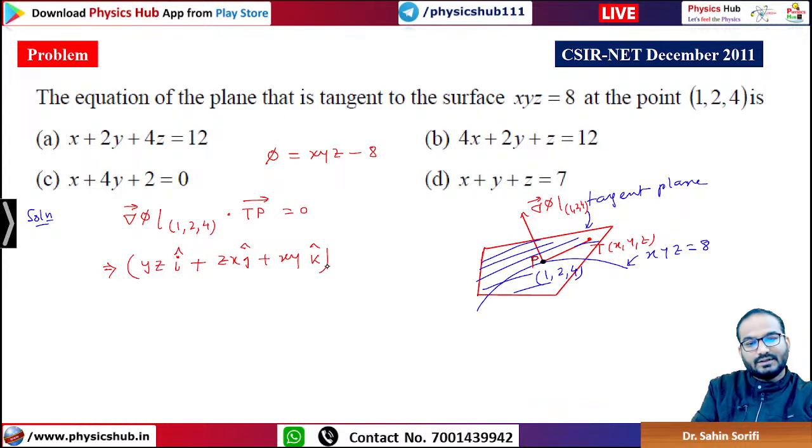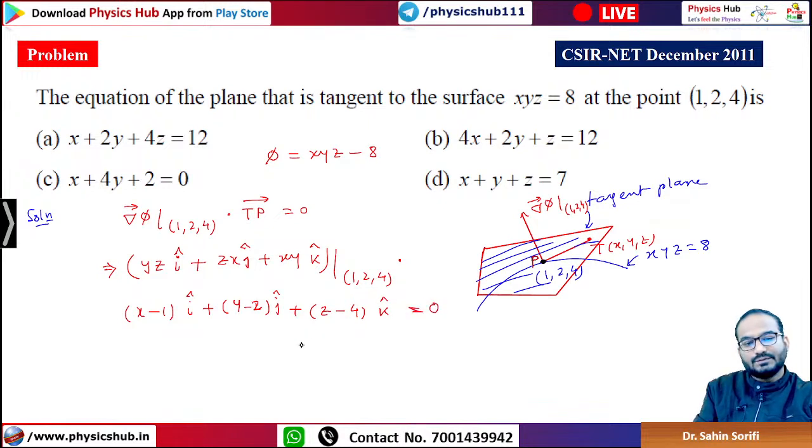This is evaluated at 1, 2, 4 dot TP. TP, as I told you, you have to take the difference in the coordinates. So (x minus 1) I cap plus (y minus 2) j cap plus (z minus 4) k cap. This would be equals to 0.